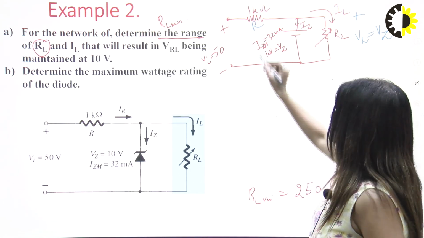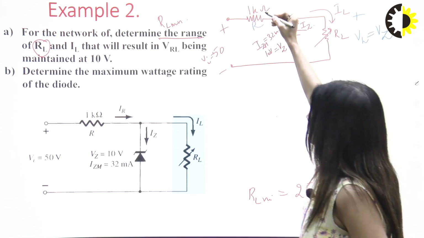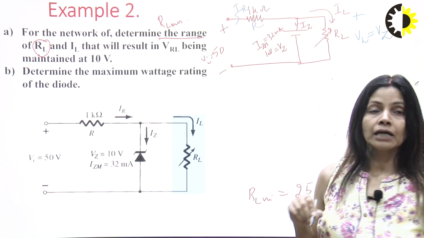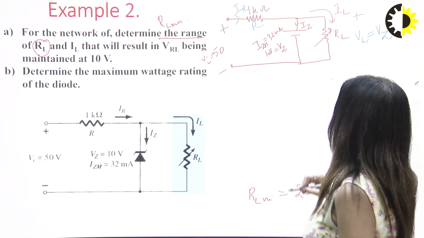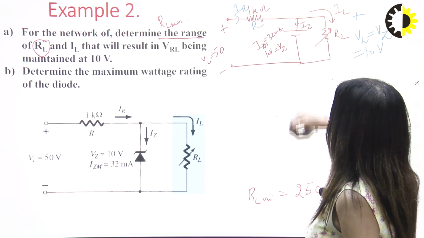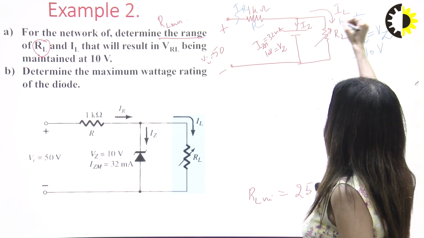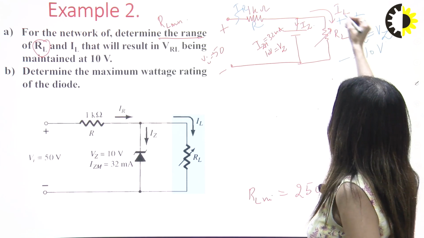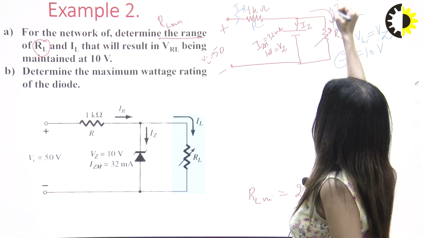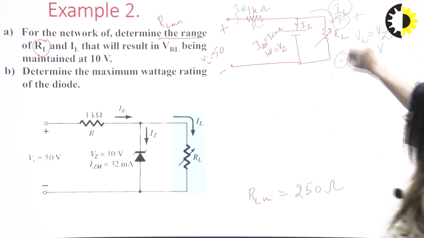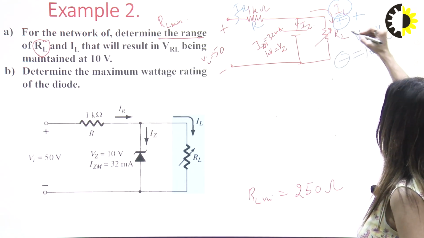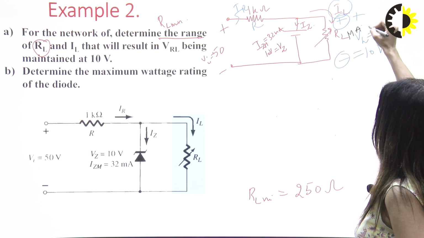Now see, let's say in this branch IR current is flowing, and here it is 10 volt. In this circuit VL is equal to VZ, and IL is flowing. Now I am interested in finding out the value of RL maximum.